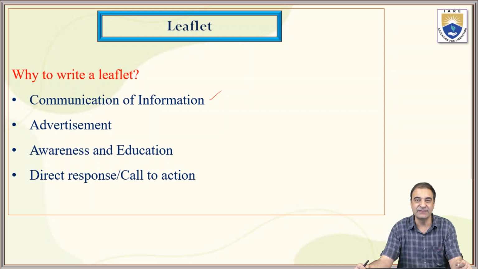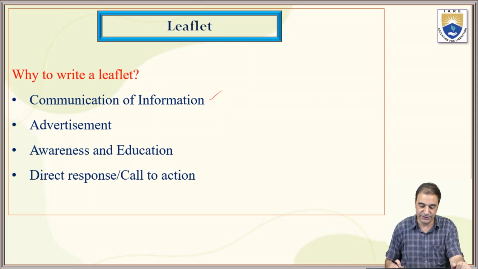That's why a leaflet demands a response from the audience, a call to action. We write these leaflets with the purpose that our audience must respond. That's a very important point about these leaflets.